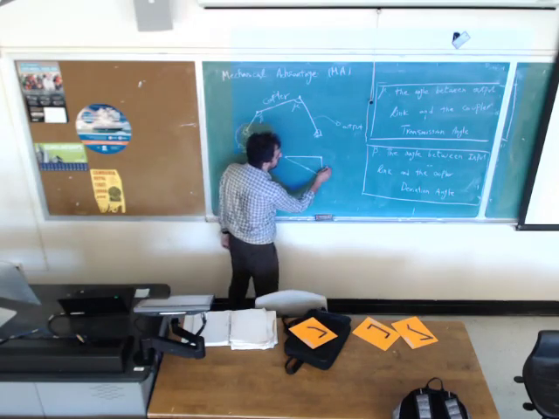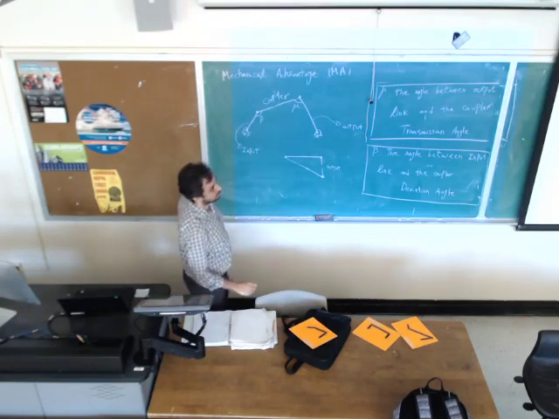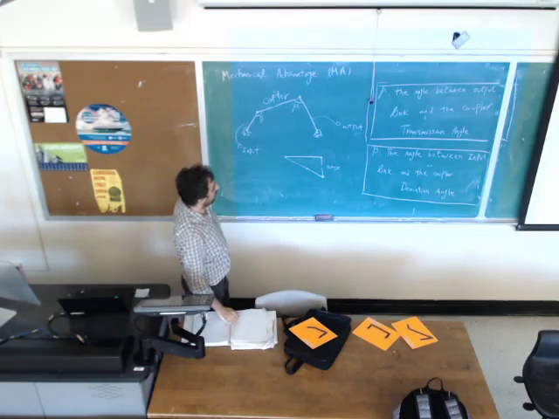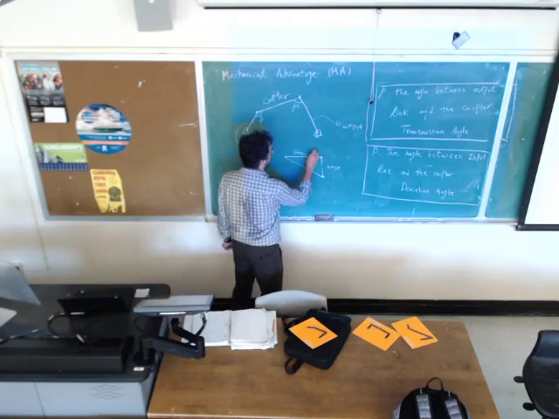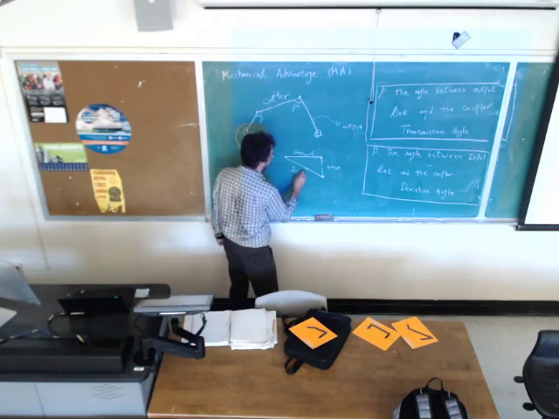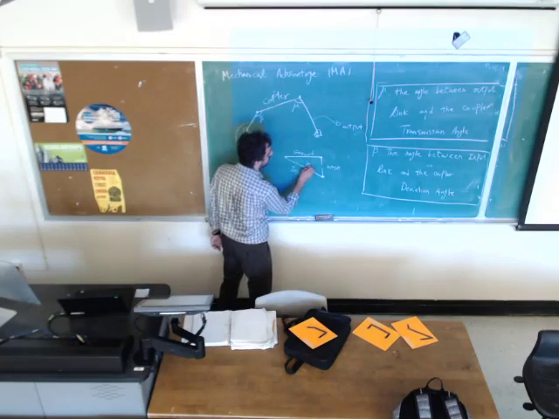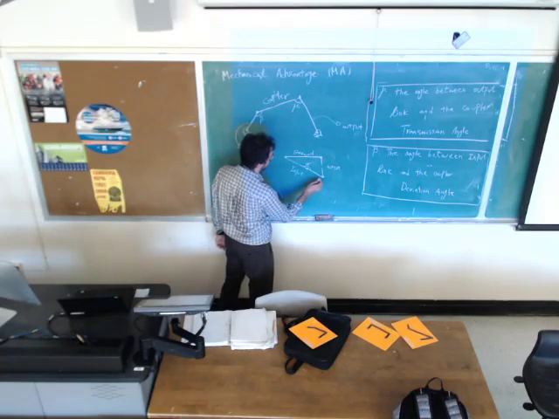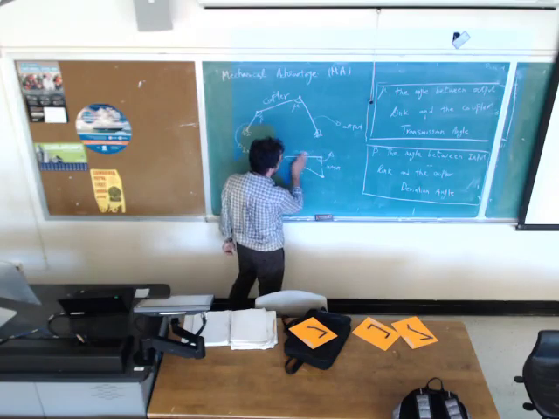So the output is going to be this. This is going to be the ground. This is going to be the input. Then this angle is very close to 180. Yeah, this is the transmission angle, and it's not ground, it's a coupler.